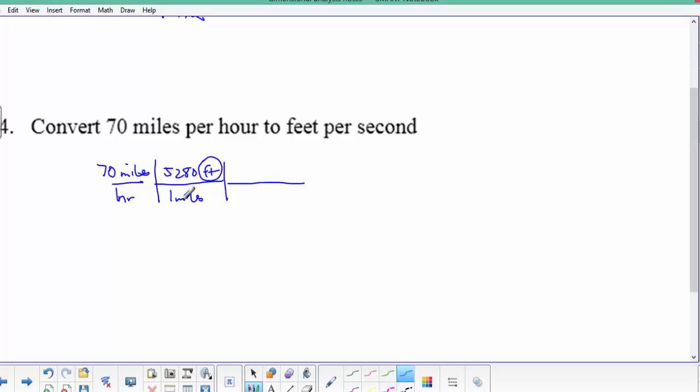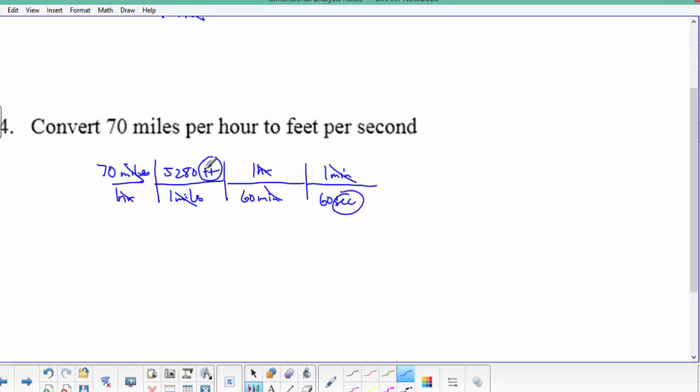I'm stuck on feet, which is what I want, so now I've got to change the hour. I know that in 1 hour there is 60 minutes. Still not through. Hours cancels, but I'm left with minutes, and I need to get the seconds. So in 1 minute there are 60 seconds.